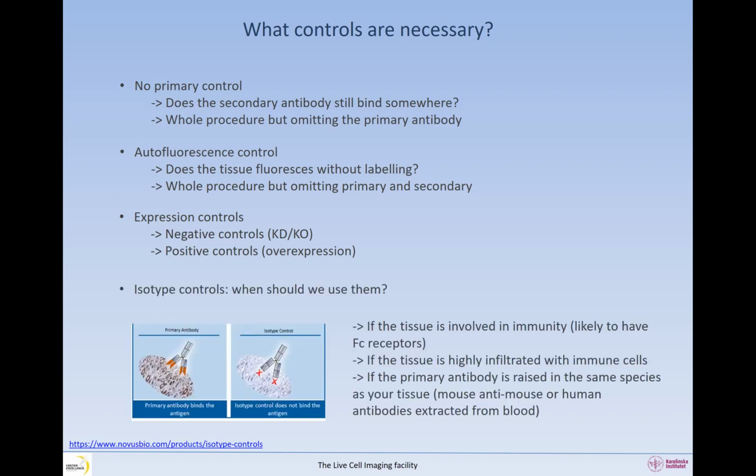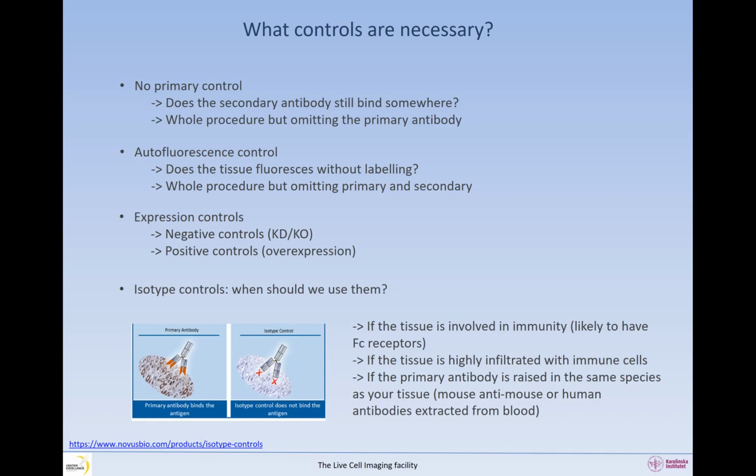And then we have isotype controls. These are quite routinely used in flow cytometry, but there are situations when we should also use these controls in immunofluorescence too. These cases involve tissue involved in immunity, which will likely make it susceptible to having Fc receptors present, so you want to know if your antibody will bind there.